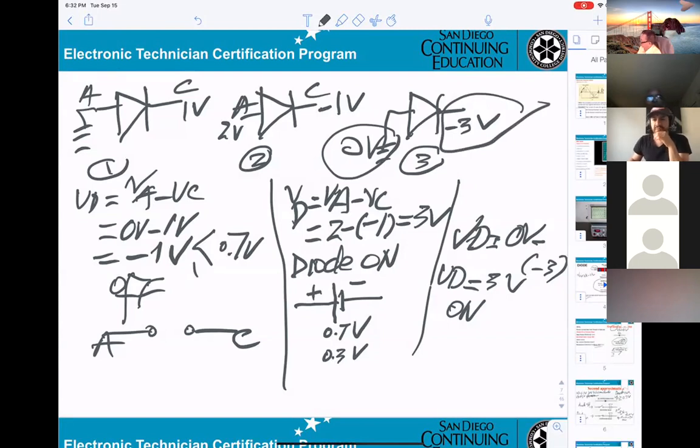Yeah, I understand that. But in real life, will that actually be conducting current through the diode? Yeah, then the current can go from positive to negative. Okay, now, another thing you need to know. For the silicon diode, 0.7 volt is what they call a barrier voltage. Why 0.7?